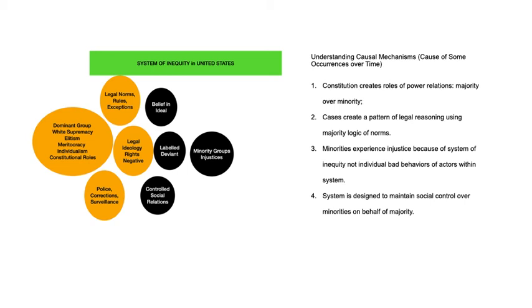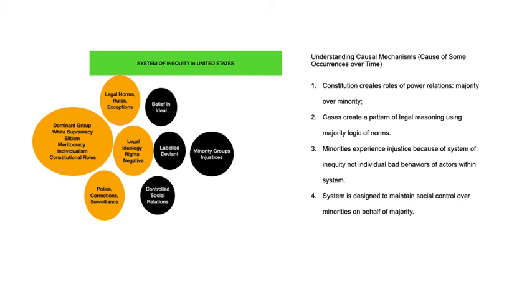The other problem with this is that the ideology and the rights as negative already identify somebody as deviant, right? They're saying, well, you're deviant because you're poor. You're deviant because you're Black. You're deviant because you're a woman who wears a nose ring, right? And so the rules and the belief in those rules work together to maintain not just the power of dominance, but the system of belief.